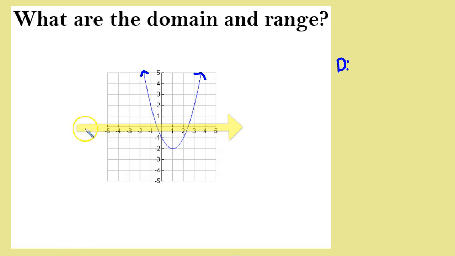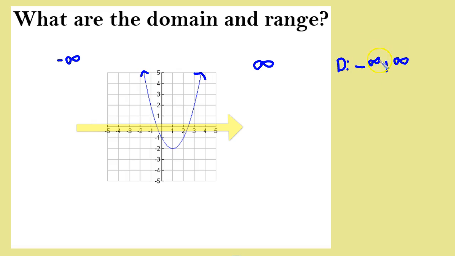So our domain is not starting at a number, it's starting at negative infinity. If we went forever to the left, we would be able to go up forever and get to this function somewhere. Same thing to the right. As we get to the right forever, we're going towards positive infinity. So the domain of the function is negative infinity to positive infinity.